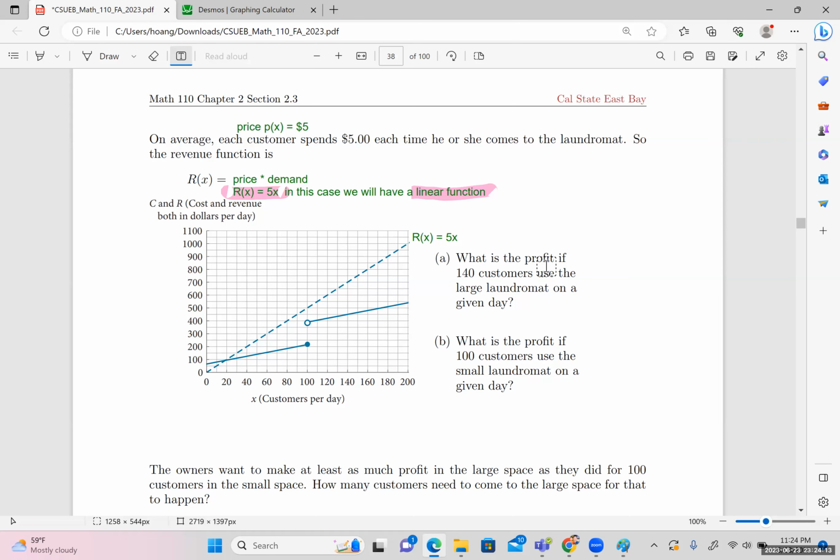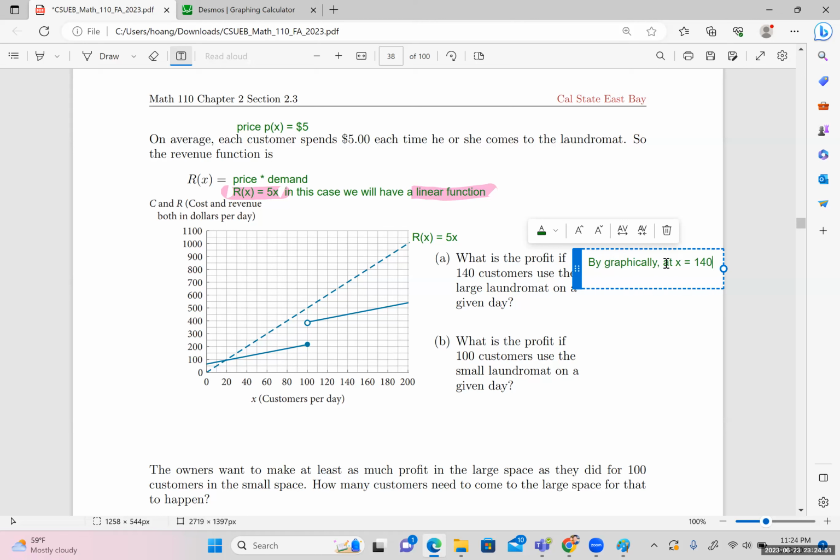Question: what is the profit if 140 customers use the large laundromat on a given day? So graphically, if you look at the graph, look at X equal to 140.